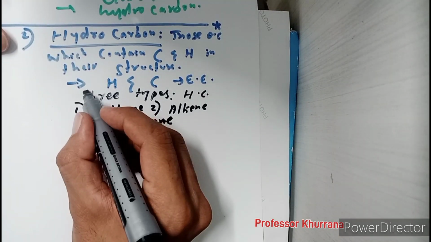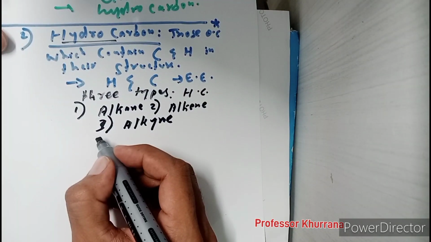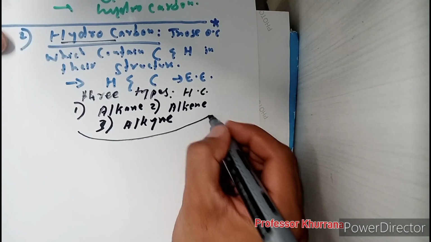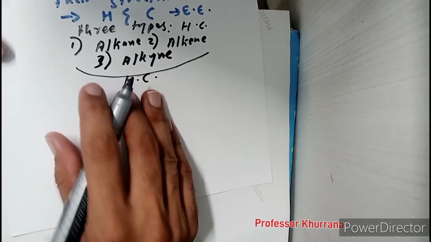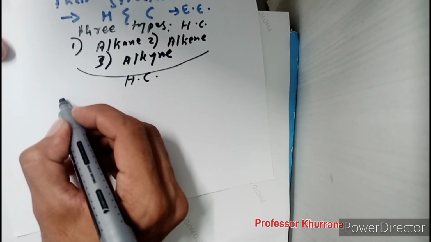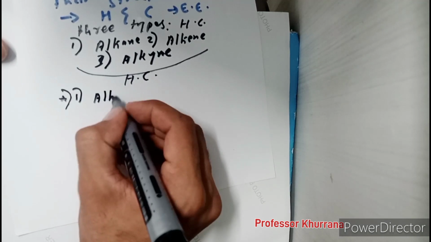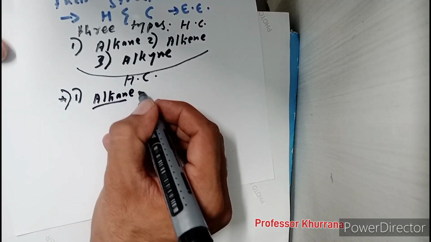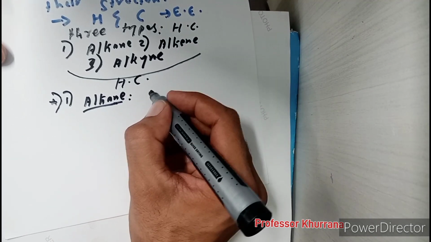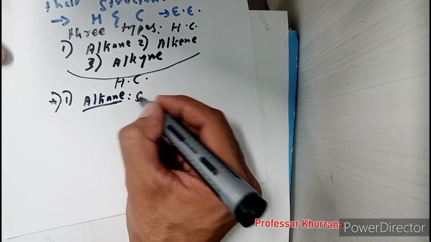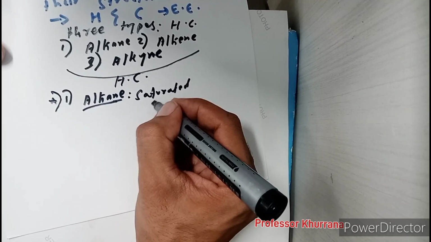All of these 3 types are hydrocarbons. Let's discuss number 1, alkane. What are alkanes? Alkanes are saturated hydrocarbons.